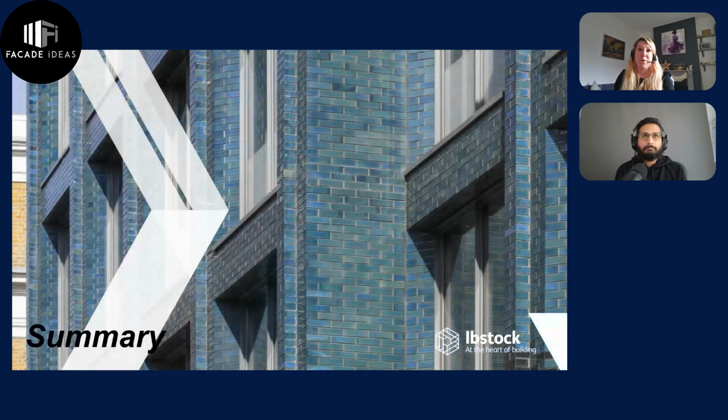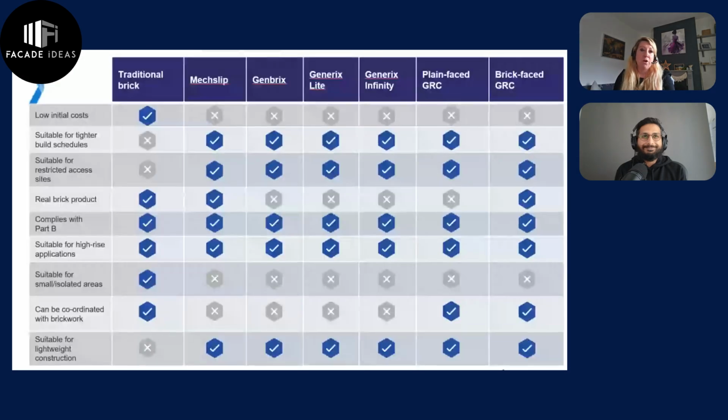So, a very quick summary. I have put this together, and it does cover other product systems as well, because this is what I use every day. It covers traditional brickwork, which I also work with, and it also covers the mech slip, the gem bricks, and the brick face GRC that I've discussed today.